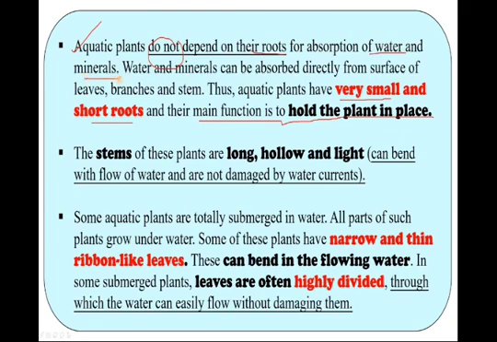Because the plants are surviving in the water itself, they need not absorb any water. Always it is submerged in water, no? So this root only holds the plant in place. Just for holding. That is the purpose of very small and short roots. Just to fix in the soil.